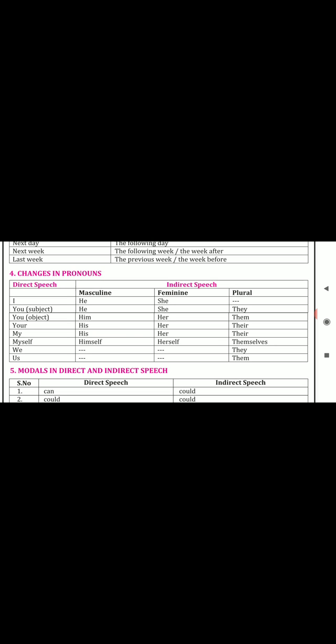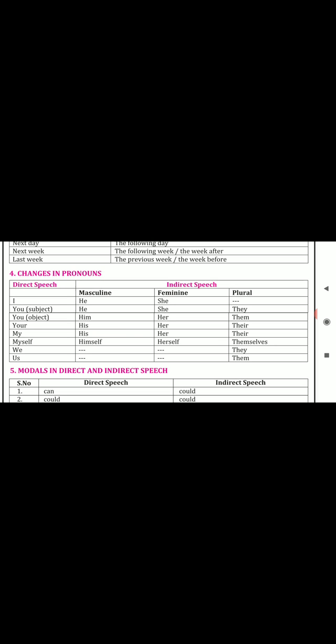If it indicates feminine gender, it becomes she. And then the subject you, if it indicates masculine gender, it becomes he. If feminine, she. If it indicates a plural subject, it becomes they.